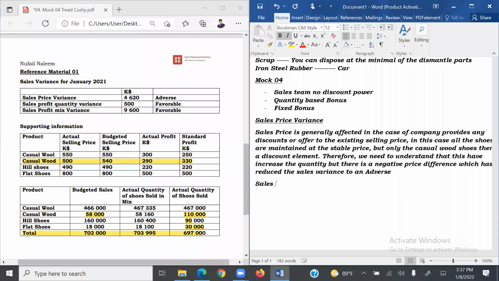Sales profit quantity variance. Now, one step is line by line, you write down whatever you like to feel.